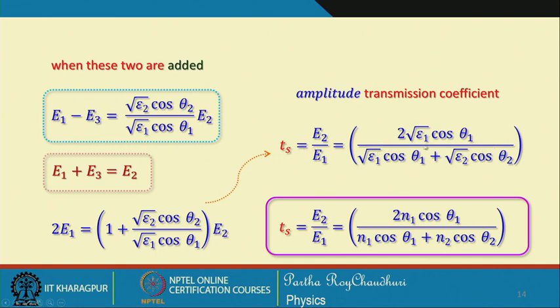If I use the property that epsilon 1 is equal to n1 square, epsilon 2 equal to n2 square, then you can rewrite this equation for the transmission amplitude for the s-polarized wave in this form, that is twice n1 cosine theta 1, which is a very well known equation for the parallel polarization of optical waves at the interface.